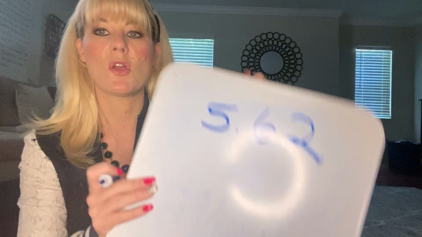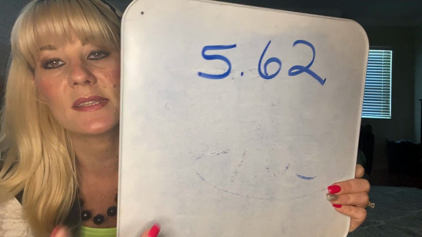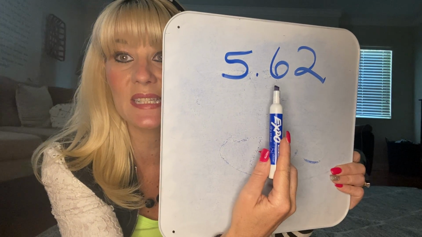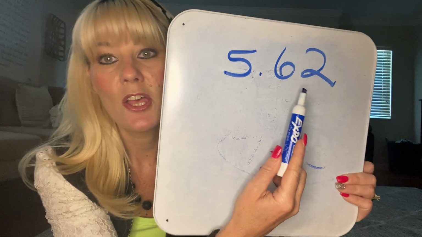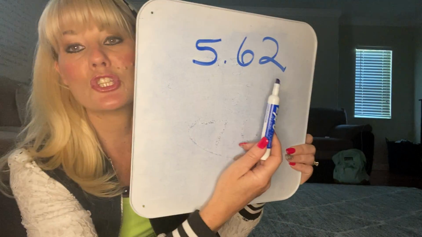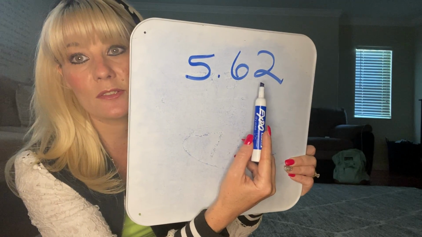okay? So let's say we had $5.62. The 5 represents 5 whole ones. The 6 represents 6 tenths, which actually represents 6 dimes, 60 cents. The 2 represents 2 pennies, which are 2 out of 100 because it takes 100 pennies to equal $1, okay?